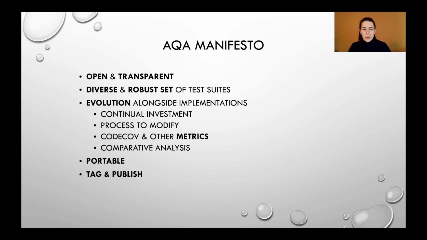So the number one goal is that we are doing things in the open and transparently so everyone can see, so everyone can participate. It means we have a diverse and robust set of test suites. Why? Because we want to be able to address those enterprise consumer requirements that we gathered when we went out and talked to as many people as would answer our questions.